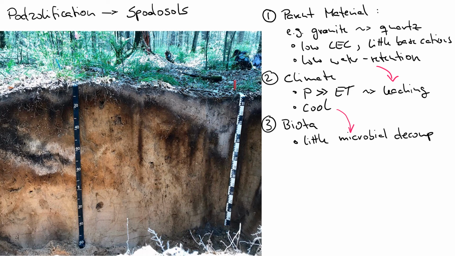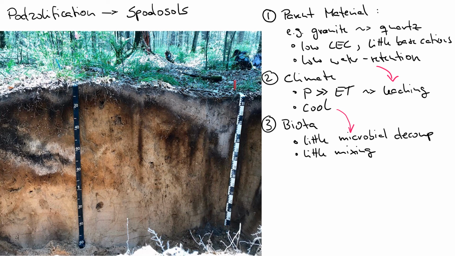But the other factor that causes that is the vegetation that grows on it. Most of the spodosols, not all, we find under coniferous forests. If you think about needles falling on the ground, they're not very easily decomposable. They accumulate there, so whatever base cations were accumulated in the biomass are slowed in the process of being returned back to the soil, and then we also have relatively little mixing.